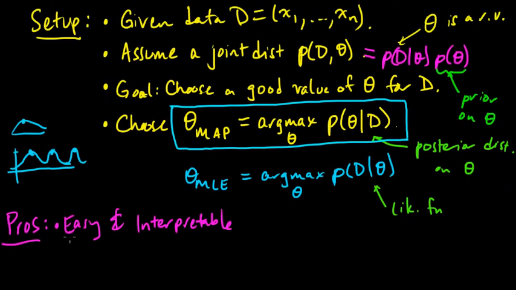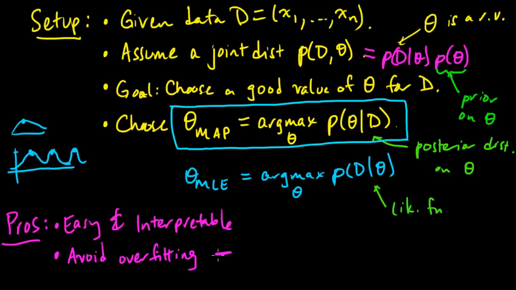Another advantage of MAP estimates is that they avoid overfitting. This is in contrast to MLEs. MLEs oftentimes will overfit the data, but with MAPs, you can avoid overfitting.